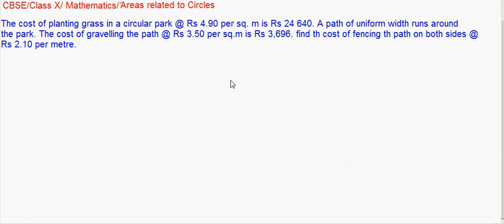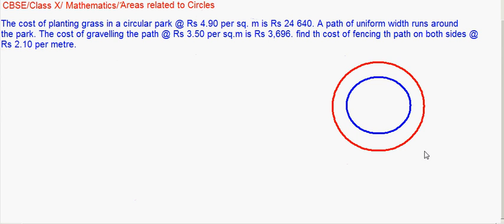So it says there is a cost of planting grass on a circular park. There is also a path of uniform width that runs around it. I just assume this to be the uniform path. The cost of graveling this path is given.